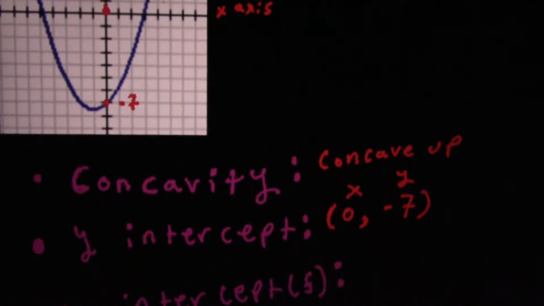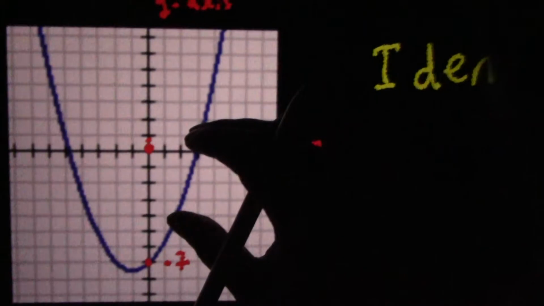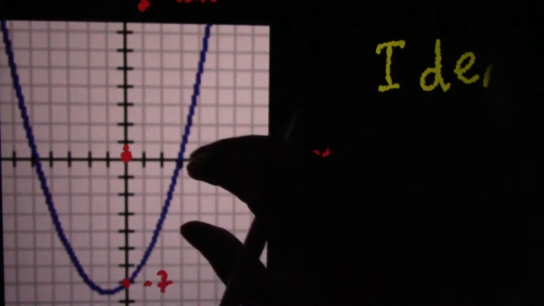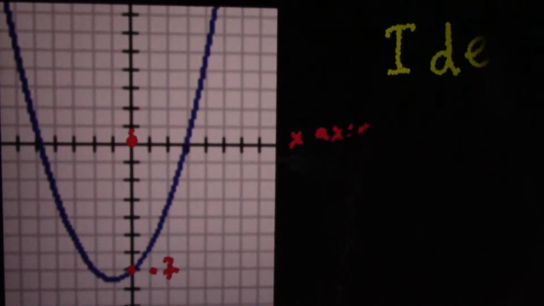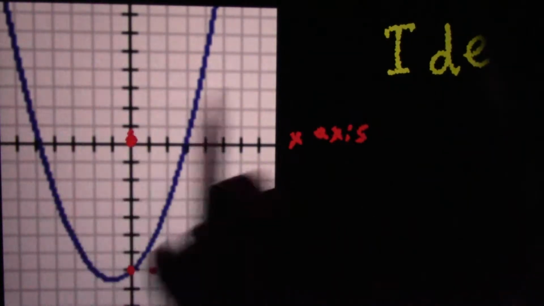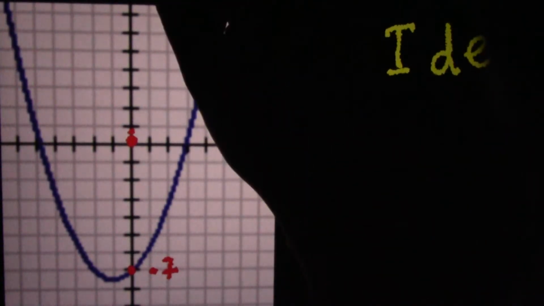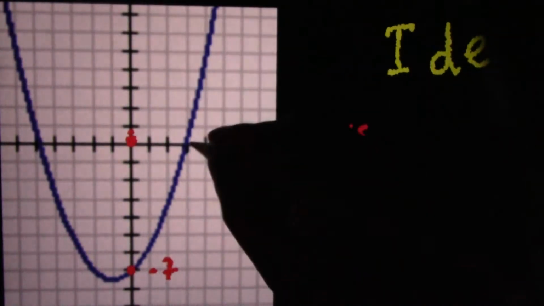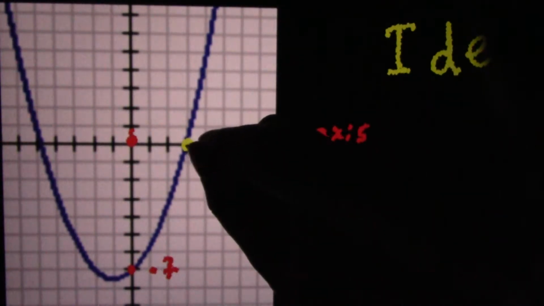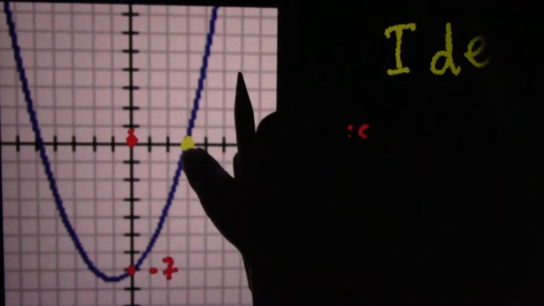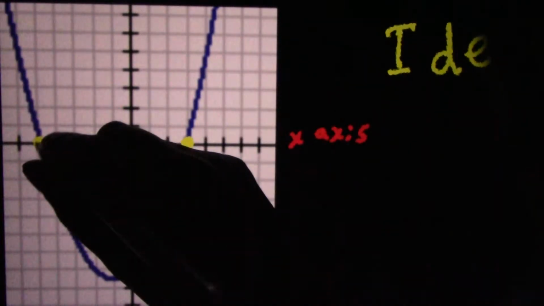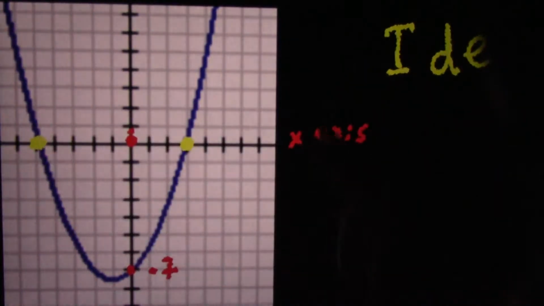Now let's go for the x-intercepts. Our x-intercepts are going to be the opposite of our y-intercepts. So now we want to see where the parabola cuts the x-axis. Here we can see that the parabola hits the x-axis at this point and at this point right there.